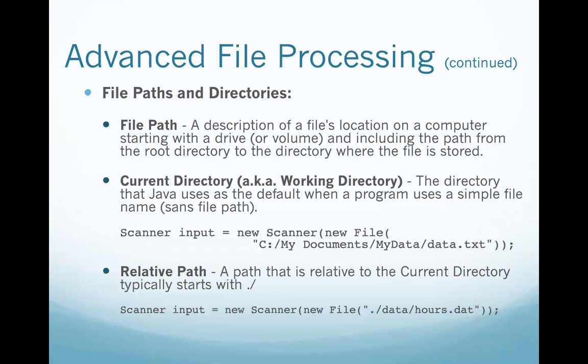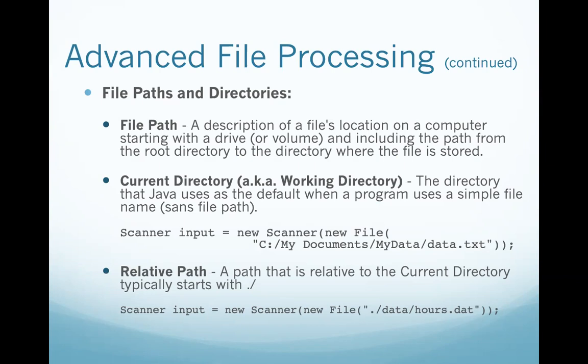Another topic for advanced file processing is you have to be sure you know where your files are. I kept mentioning and showing the data files, whether it was hamlet.txt or numbers.dat, they're in the same folder as your Java project. When you create those files in a Java project, you create them just like you would a new class.